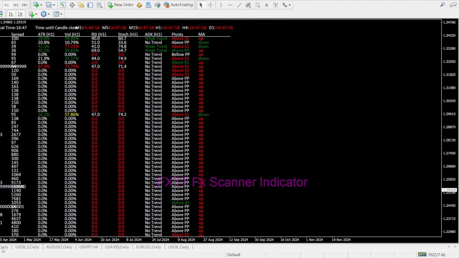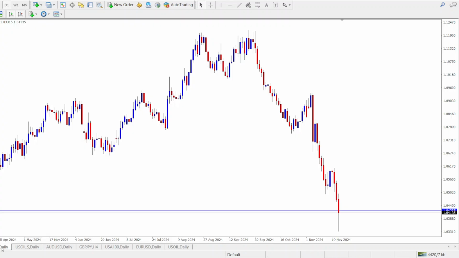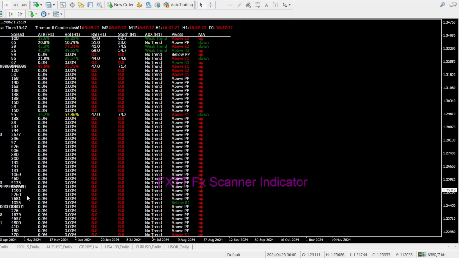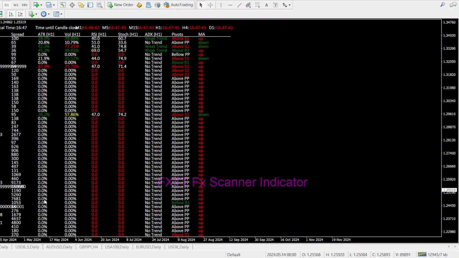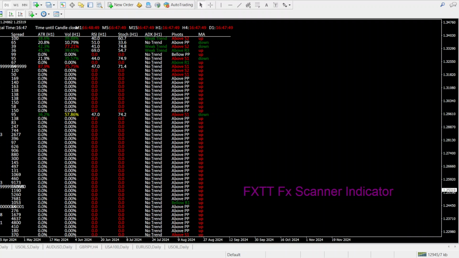For example, if you want to trade on GBP USD, you can open another GBP USD chart while you have this open, because this indicator actually shows you information on multiple currency pairs. So you just need a chart. It doesn't matter what currency pair it is, you just need a chart to open the indicator on.